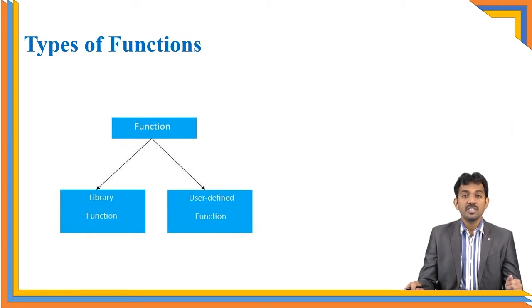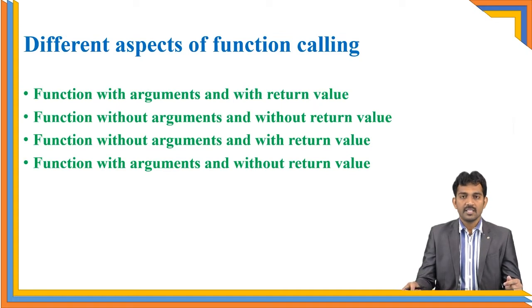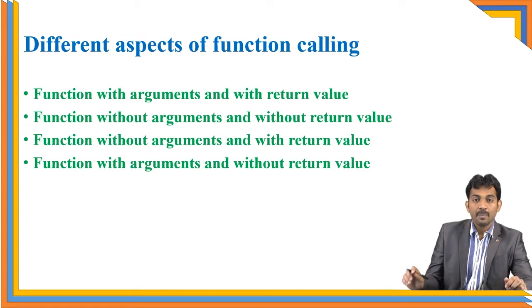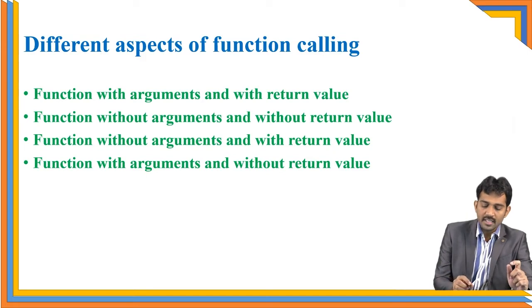But the functions are also divided based on the calling aspects. The functions are broadly divided into four ways. This is the first one, function with arguments and with return values. Here you need to send the parameters as well as retrieve the data, which is the example of the last class, the addition program. See what I did there.